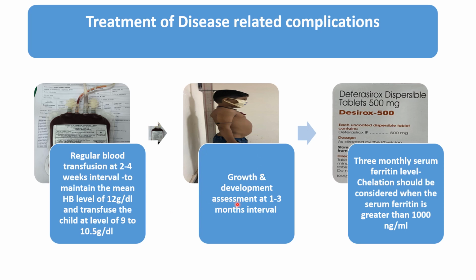Growth and development should be assessed at every visit or at least at 1 to 3 months interval. Three-monthly serum ferritin should also be sent. Whenever serum ferritin level is more than 1000 nanogram per ml, an iron chelator should be started. Deferasirox is the first iron chelator we should start.